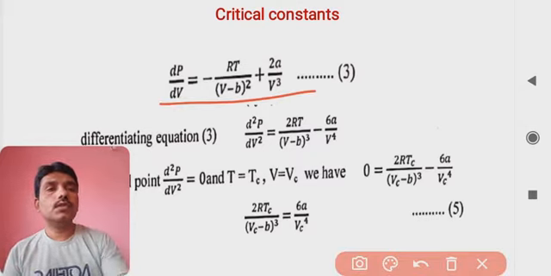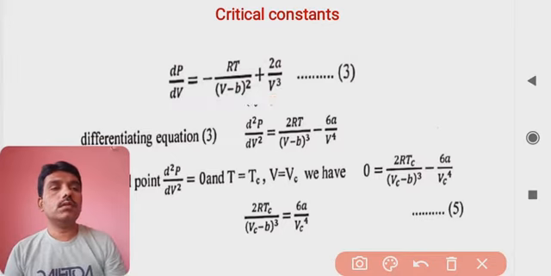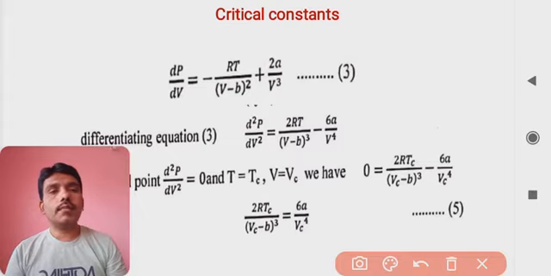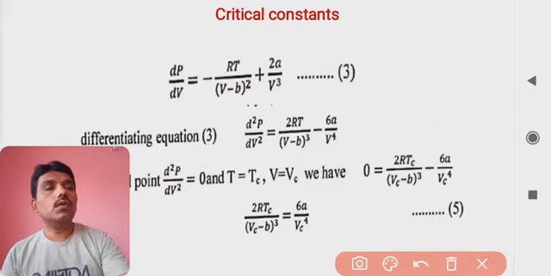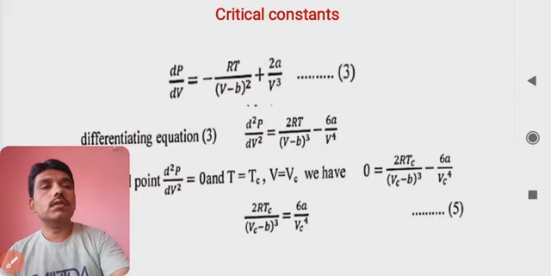This is what equation number 3 is. And now I am differentiating equation 3 again, that means the double differentiation part, and at this stage the things will go in this way. I will show you.